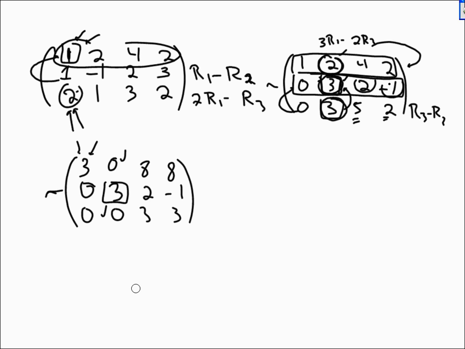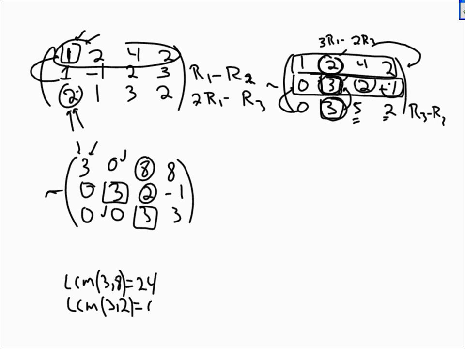Since the leading entry is 3 and not a 1, that's not the greatest news, because I have to use a 3 and an 8 to kill off the 8. And the LCM of 3 and 8, the first common multiple, is 24. I'd have to multiply row 1 by 3 and row 3 by 8 to get 24. And then the LCM of 3 and 2 is 6.